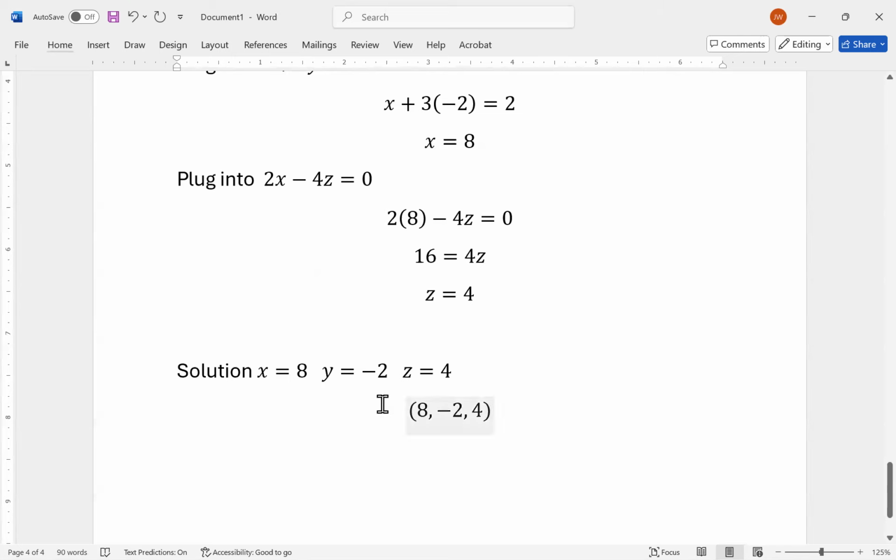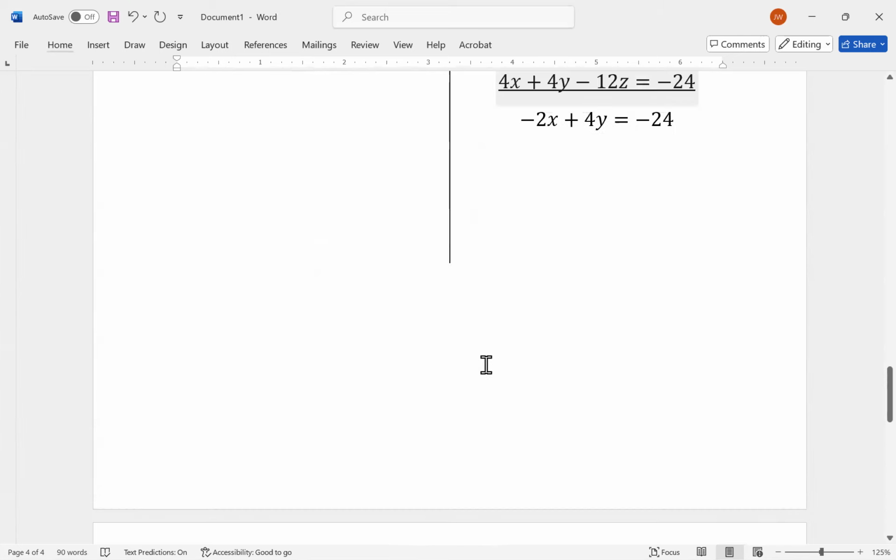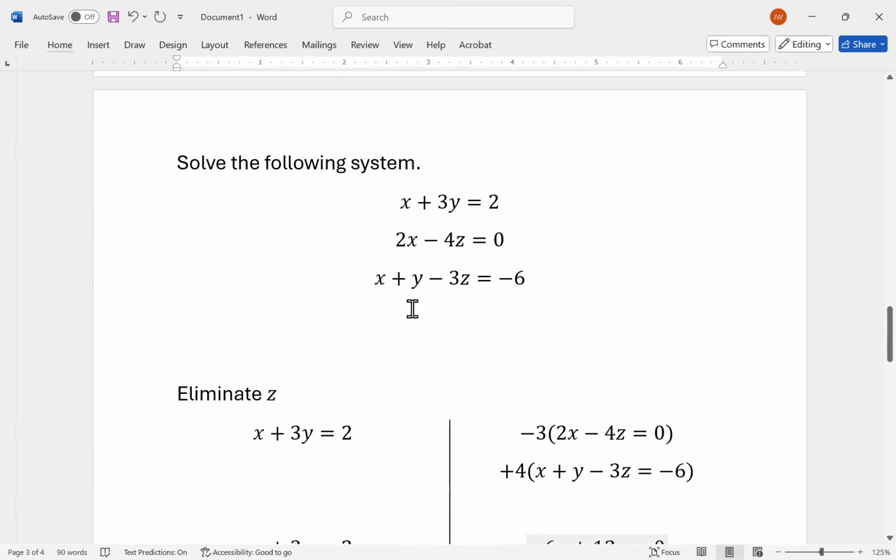If you wanted to test this out, you could go back to your original problem and plug in 8, negative 2 to the first equation, plug in 8 and 4 into the second equation, and then 8, negative 2, and 4 into the third equation.